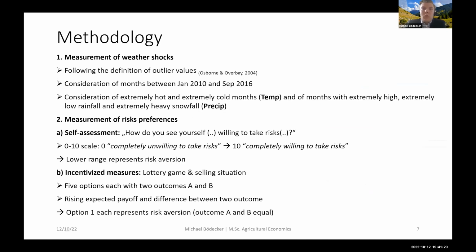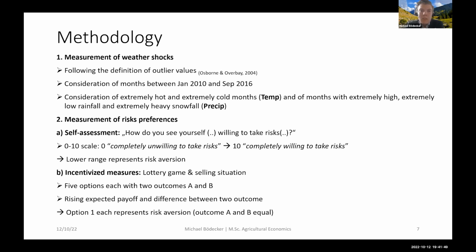Regarding the methodology, for calculating weather shocks I used the definition of outlier values. An outlier value is defined as a value deviating more than 2 standard deviations from the historical mean, and that's what I was basically using.